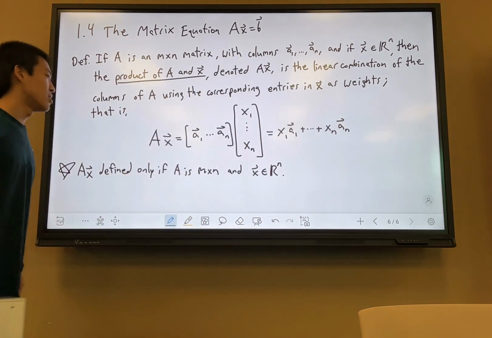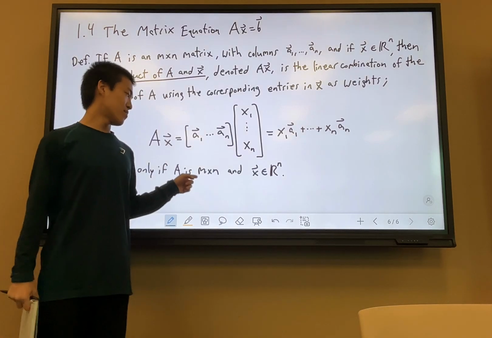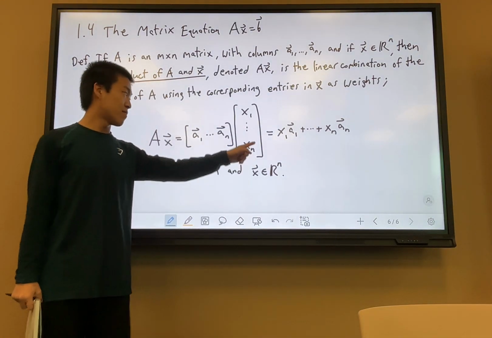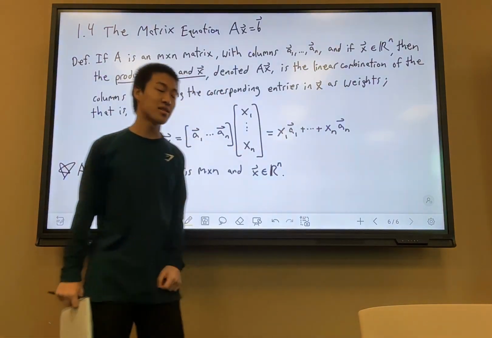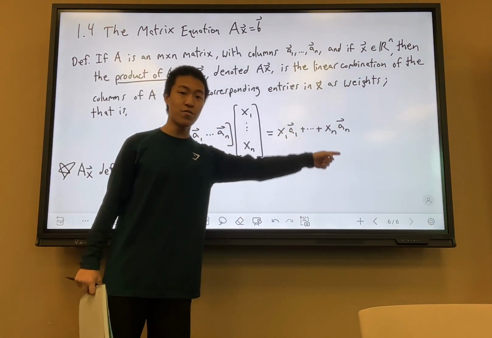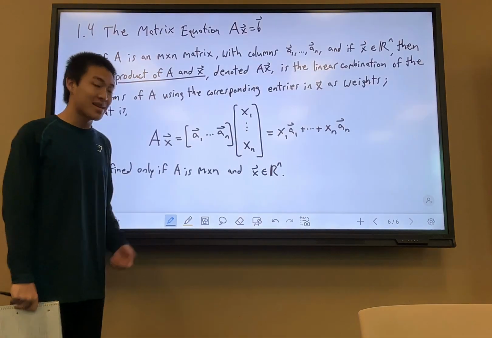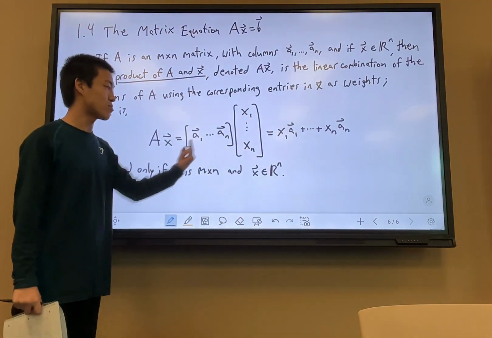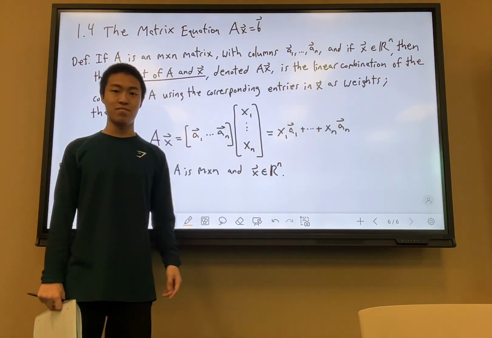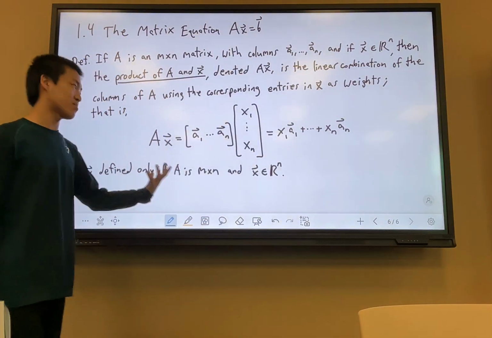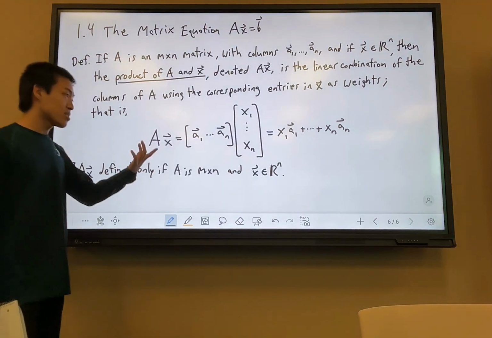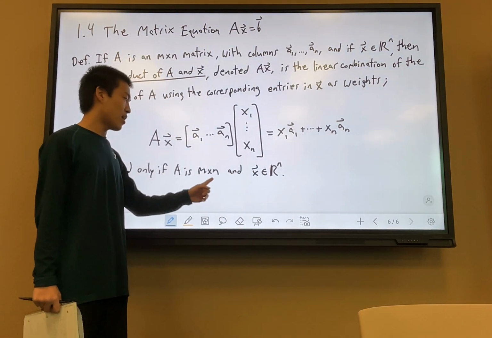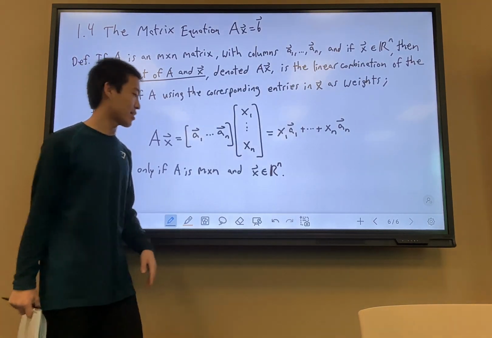Why is that important? Well, it's just logic. If your matrix has n columns, then if I'm going to match up the same exact number of weights, coefficients per column, I kind of need exactly the same number of entries here in x as I do columns. So x has to be in R^n. Otherwise, what are you doing? It's impossible to even take that product. The product is an undefined notion if I don't have enough entries here to match the number of columns. Okay.